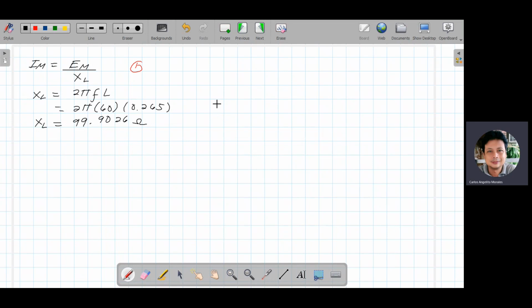So tingnan nyo, hindi ko muna binox, no, kasi hindi naman siya ang hinihingi. Then let us solve for I maximum, no? I maximum is equal to yung nakuha mong value sa E maximum.